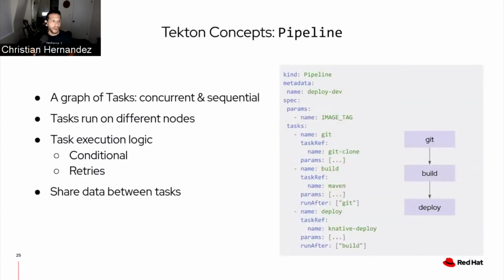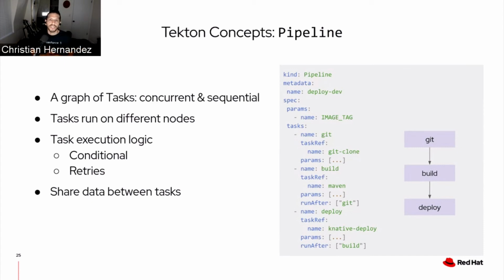And so finally, the last big piece is the actual pipeline. We talked about steps. Tasks are a collection of steps. A pipeline is a collection of tasks. So you can do things like run tasks in parallel. You can do them sequentially. You can have conditionals. You can have retries.